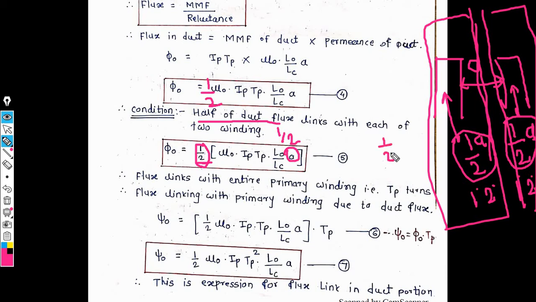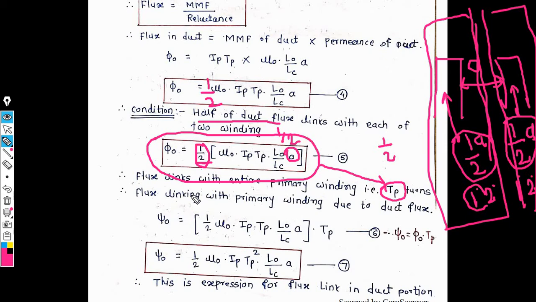Then this half section of flux is linked with the number of turns TP. That means phi 0 is equal to 1 by 2 mu 0 into IP into TP into L0 upon LC into A, and this half of the duct flux is linked with the primary winding, that is TP.